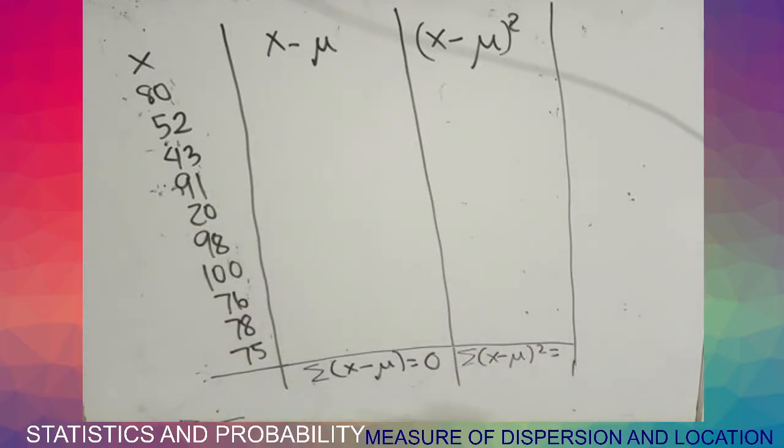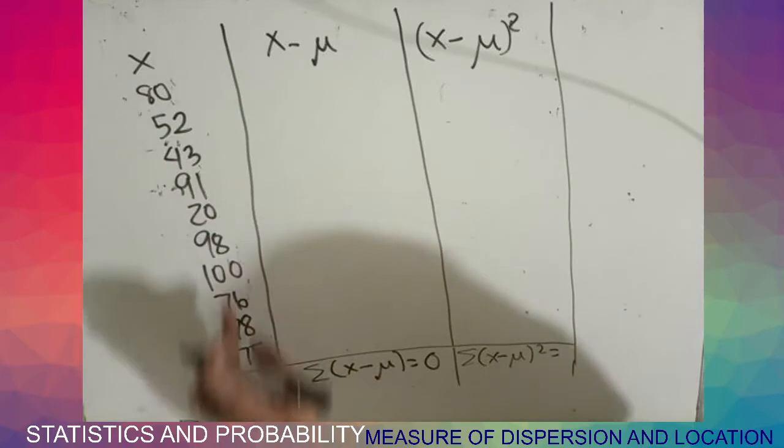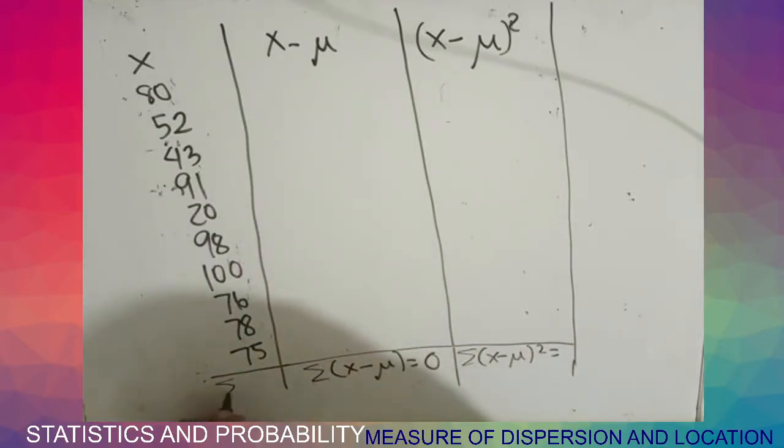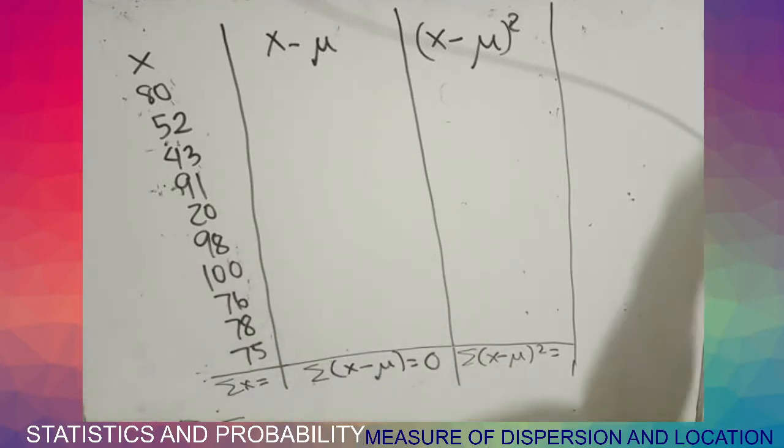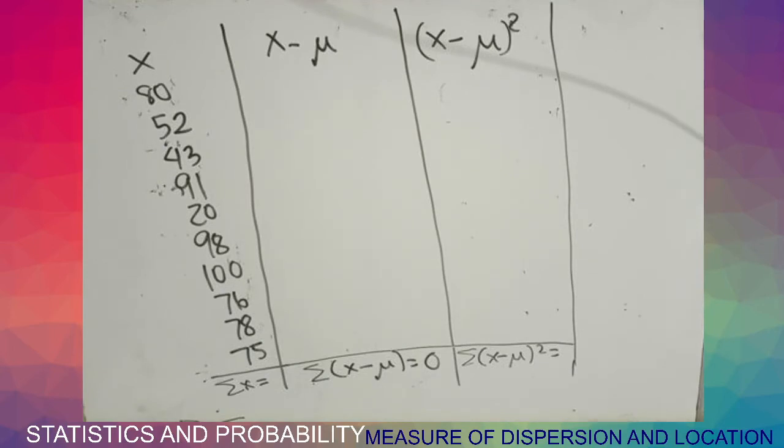So, ang gagawin natin is, isasum natin itong x natin. Di ba, ito ay summation of x. Pag-aplasin natin yung ating mga x. So, 80 plus 52 plus 43 plus 91 plus 20, 98, 100, 76, 78, and 75. Ano kaya yung sum niya?